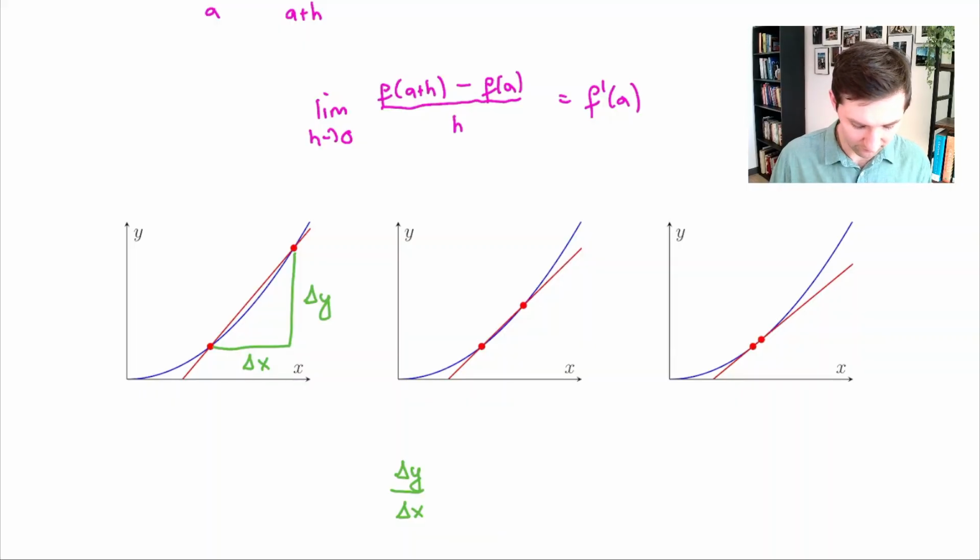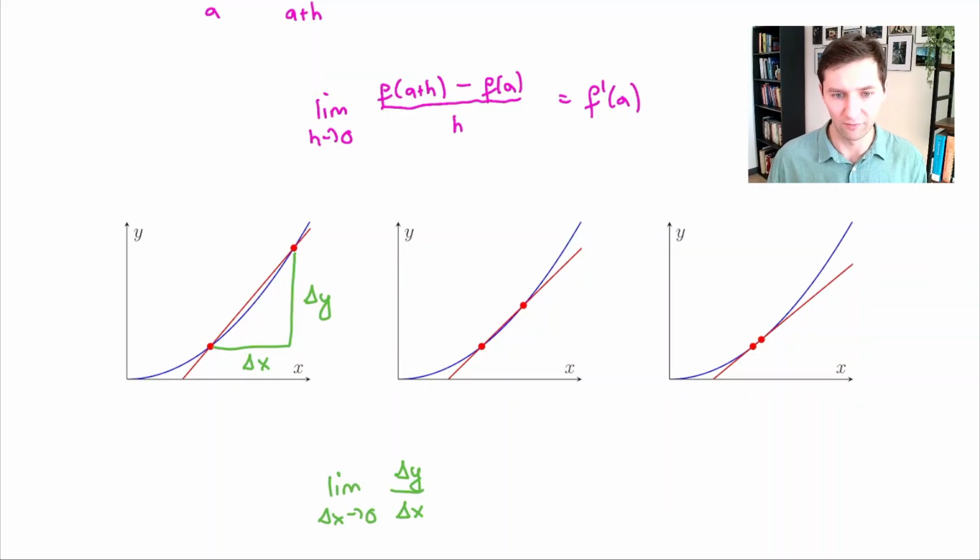How can I do that? I can do it by having delta x get smaller and smaller. I can take the limit as delta x gets smaller, because as delta x gets smaller, the 2 points are closer and closer to each other. So he took the limit as delta x goes to 0. And he said, this is the derivative.